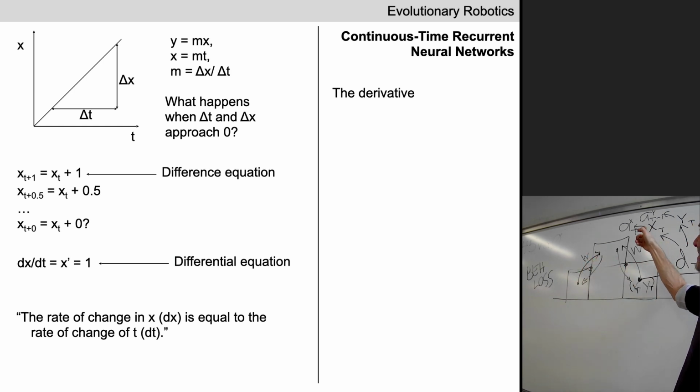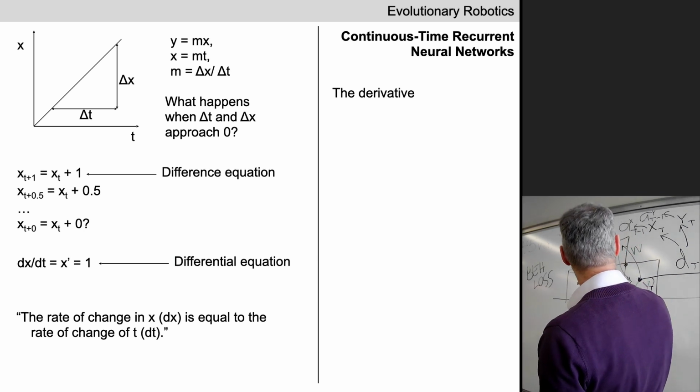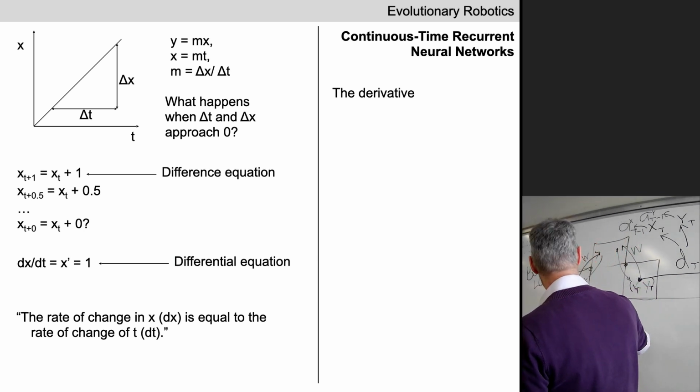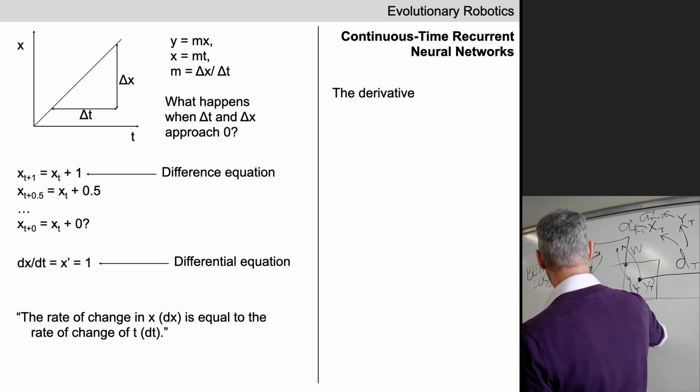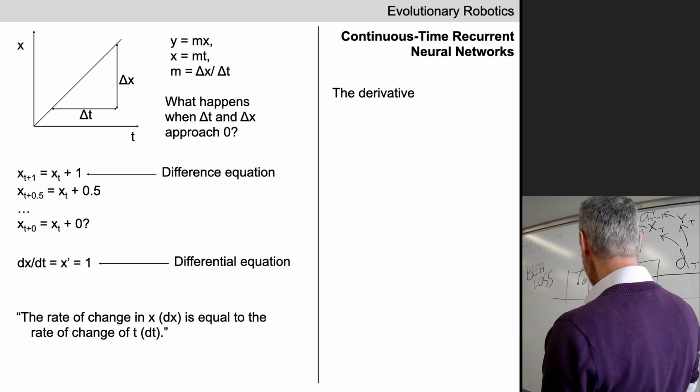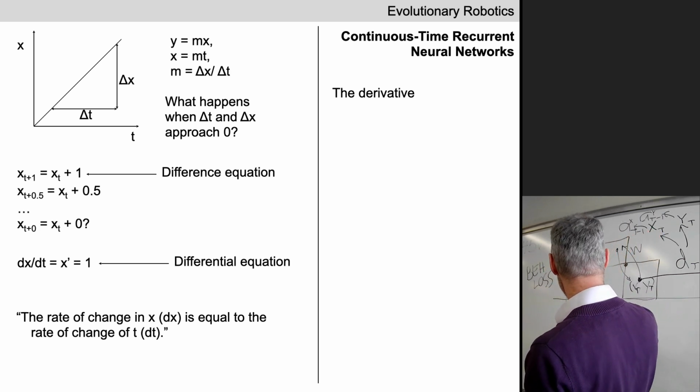The physics engine is tracking all of these things. We want to minimize d sub t. It knows that d sub t is a function of x and t. So it can compute the gradient of how d sub t changes as a function of x sub t.